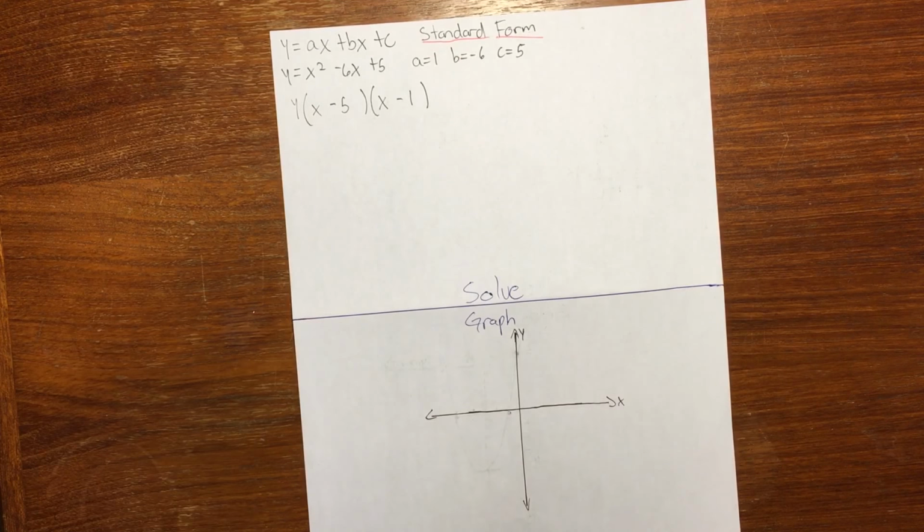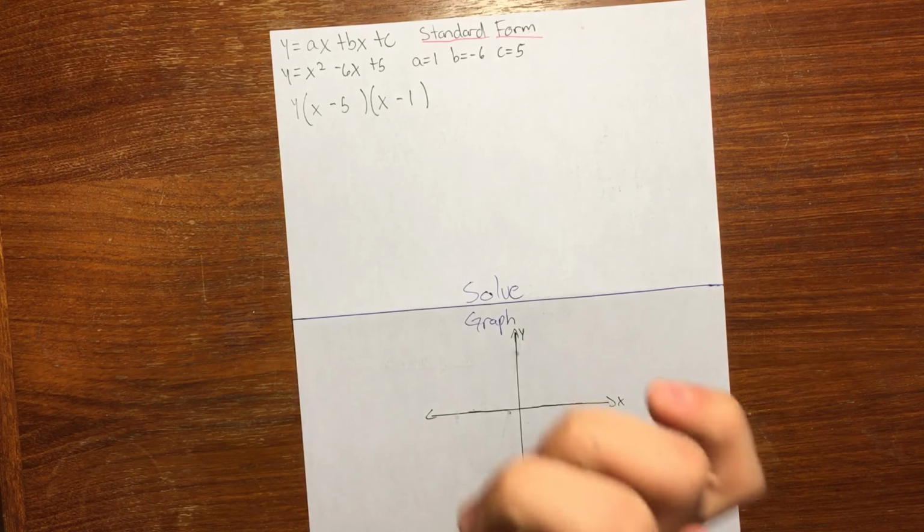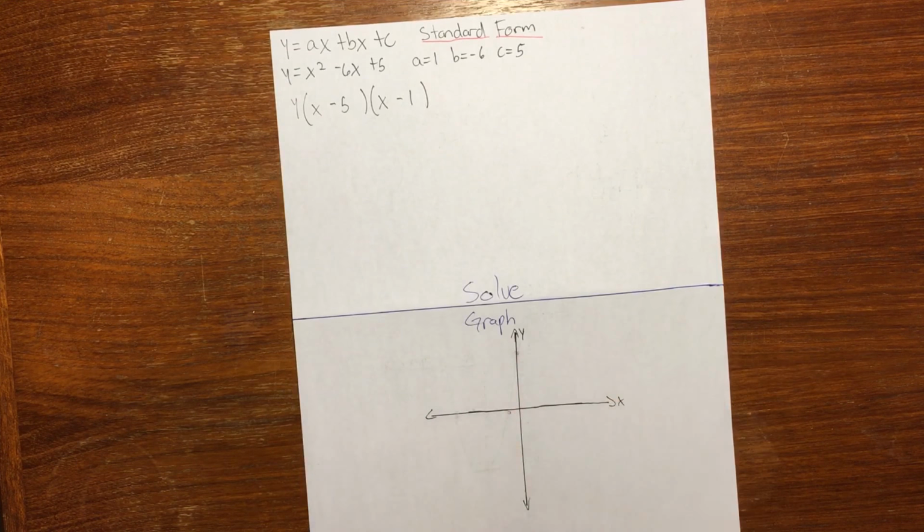Now what we have to do is find the roots of the equation. Essentially, the roots are the points at which the parabola intercepts the x-axis.